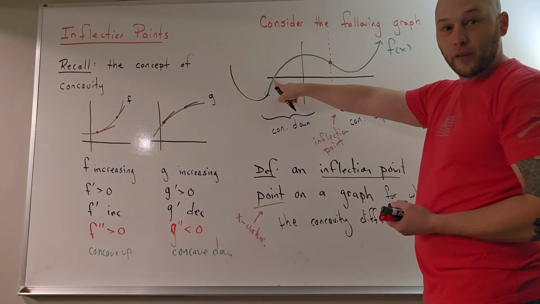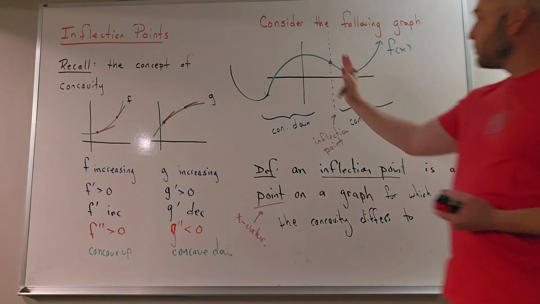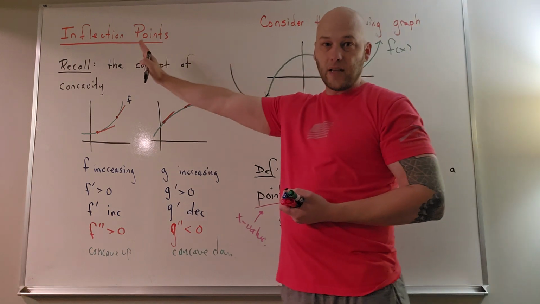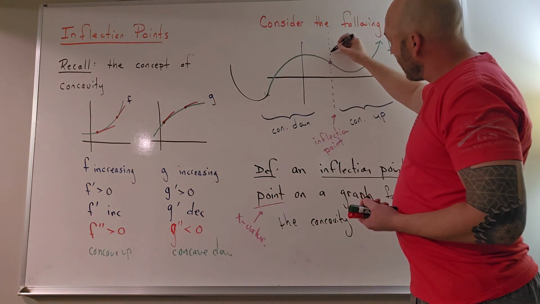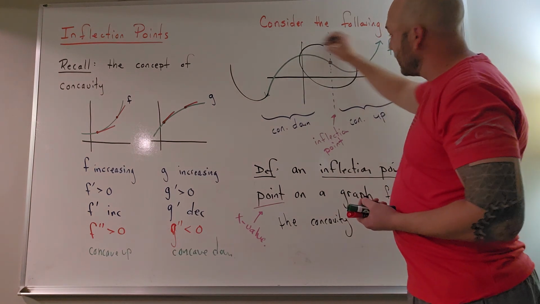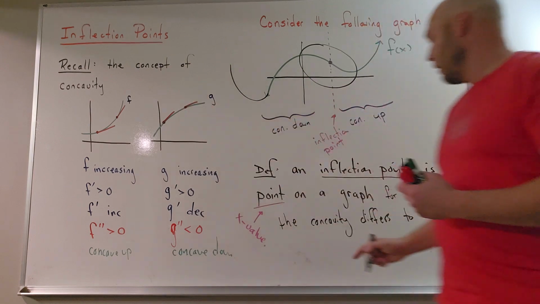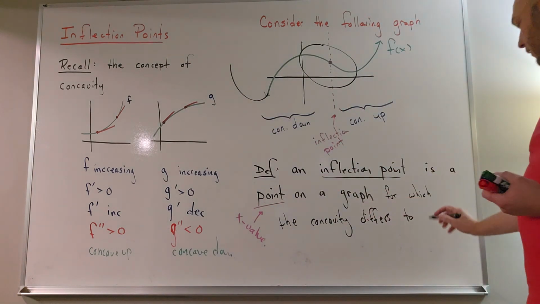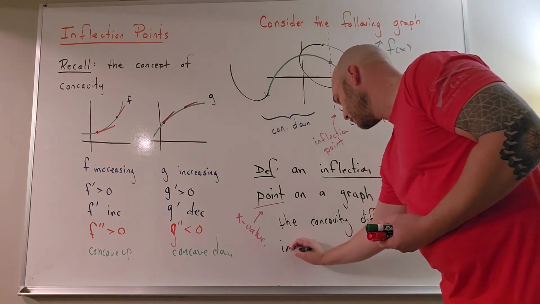Then there's going to be another inflection point over here. So I just want to make sure that when I say it differs on either side, it doesn't mean that everything over here is concave down and everything over here is concave up. I want to make it clear that it's just the immediate left and right. Because there could be more concavity changes over there. So for which the concavity differs to the immediate left and right.